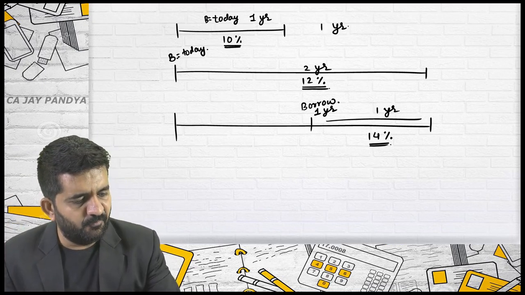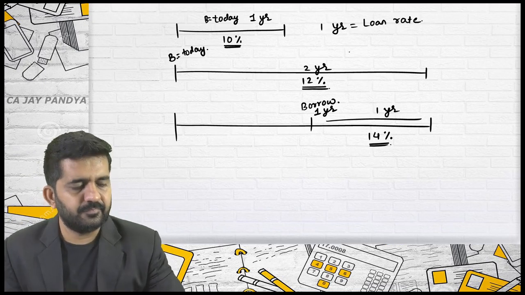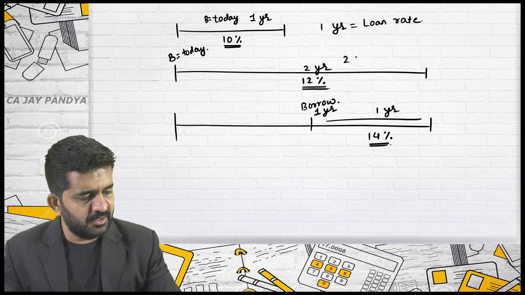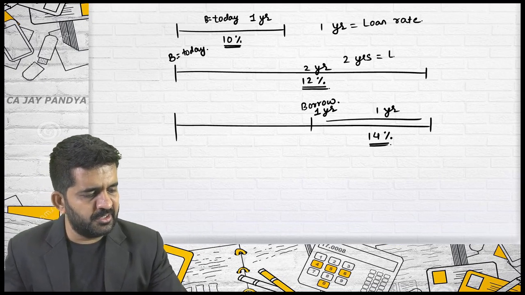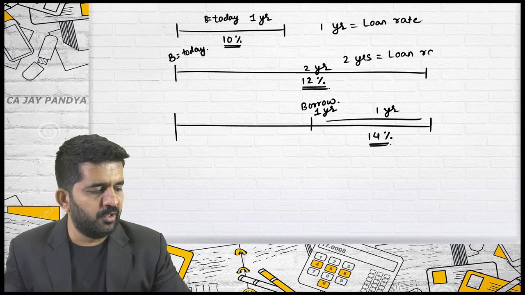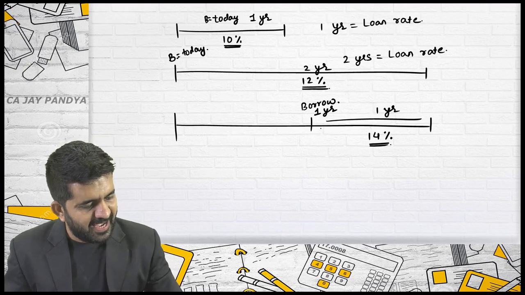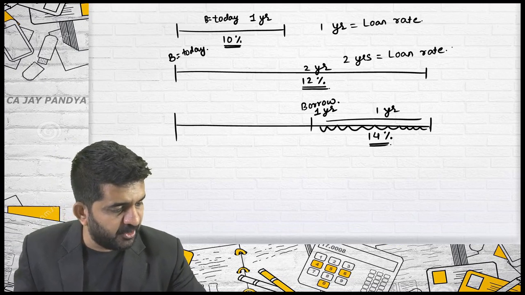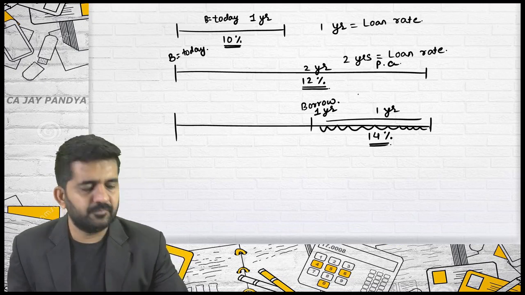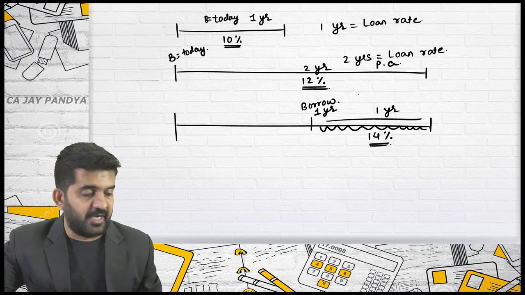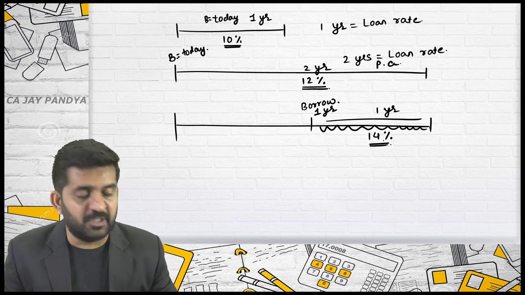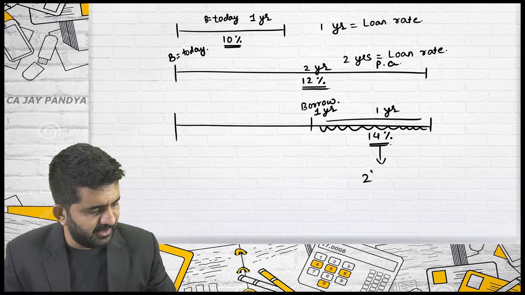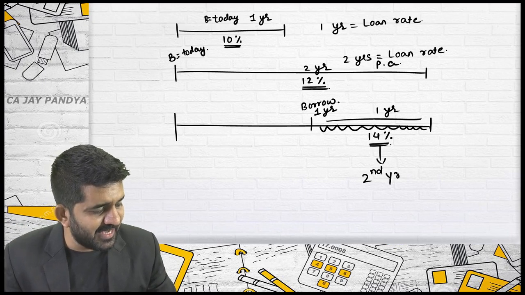This is 1 year loan rate. This is 2 years loan rate. And this is 2 years loan rate per annum. So it will be 12% per annum. 14% is second year.